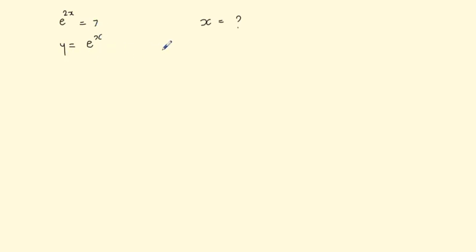Immediately, we must recall that the inverse of this is ln x, which simply means log base e, the natural base e, of x. And for these two, you must know that ln of e to the x equals e to the power ln of x, which equals x.